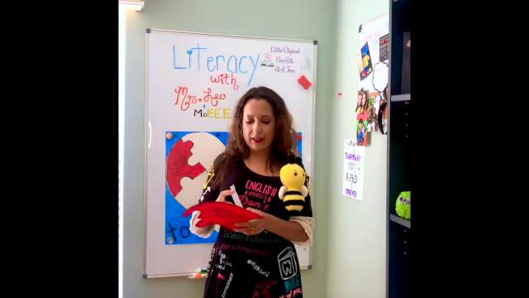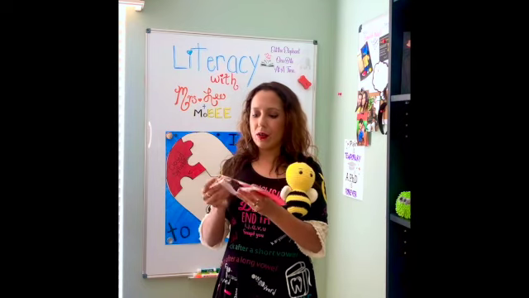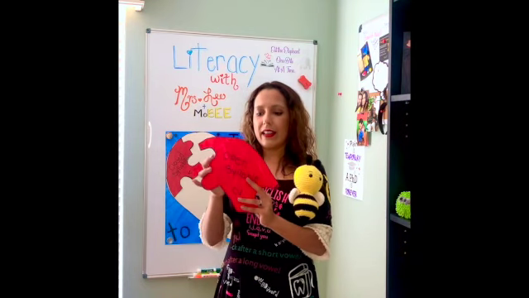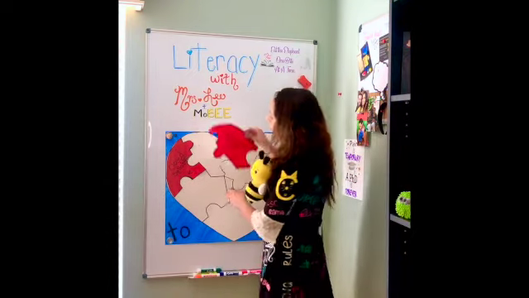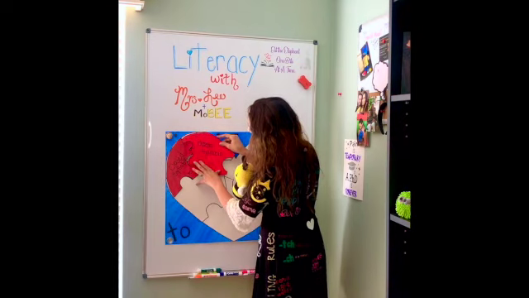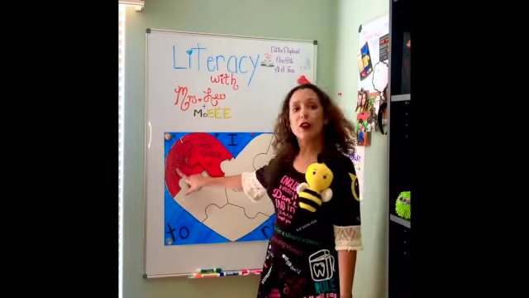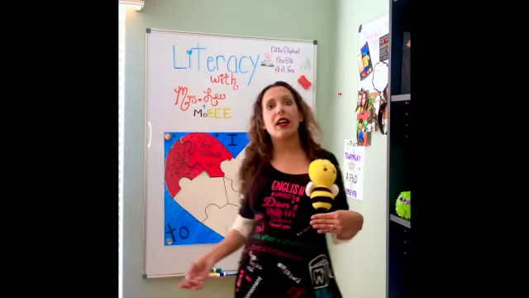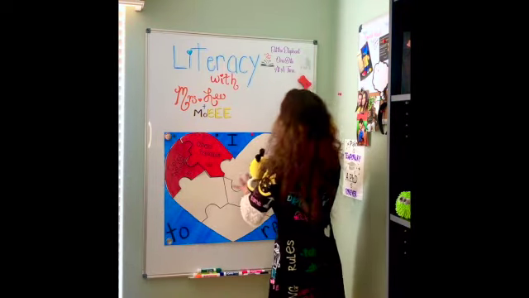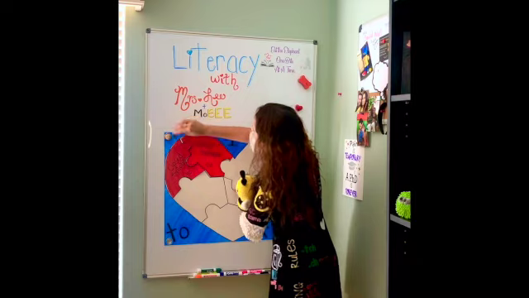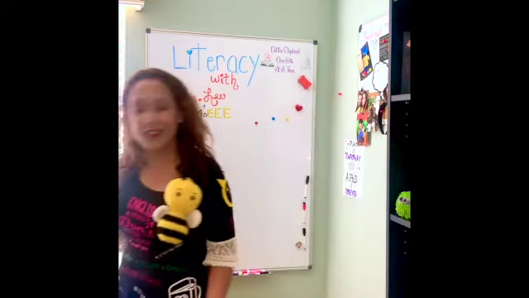So let me go ahead, get some tape, and add our next puzzle piece to my I love to read heart. So open syllable is going to connect right there with our closed syllable types. So we've already discussed the first syllable type and our second that we're going to be talking about today is open syllable. So let me remove my puzzle piece chart so we can start the teaching.